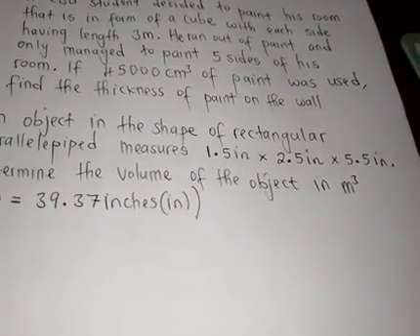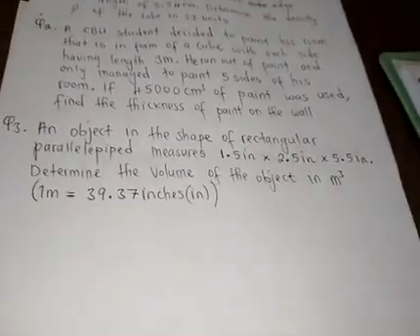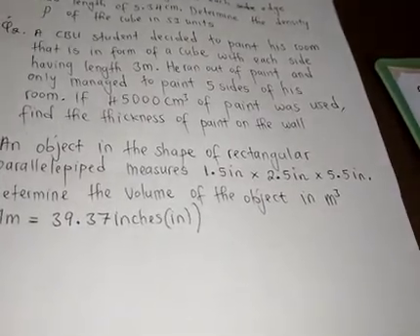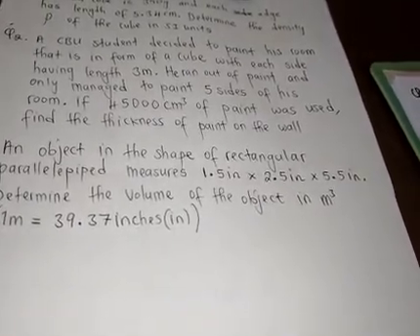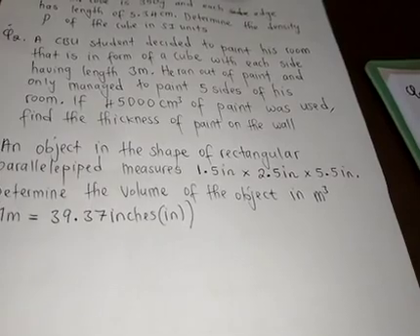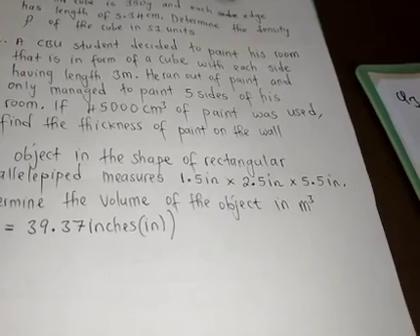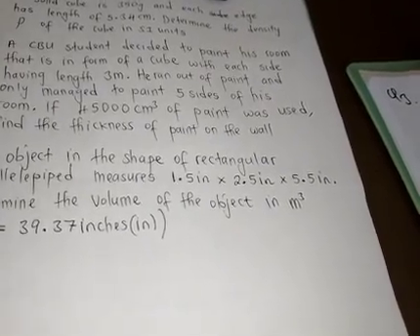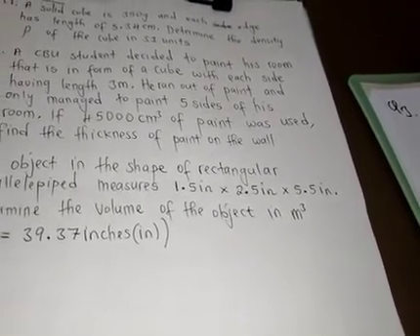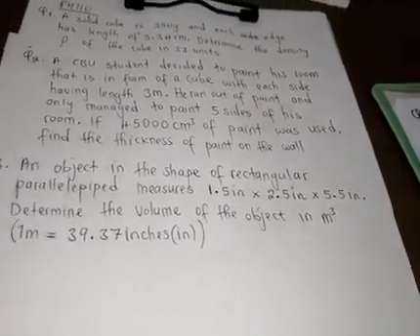Let's solve question 3. So for question 3, we are saying an object in the shape of a rectangular parallelepiped measures 1.5 inches multiplied by 2.5 inches multiplied by 5.5 inches.